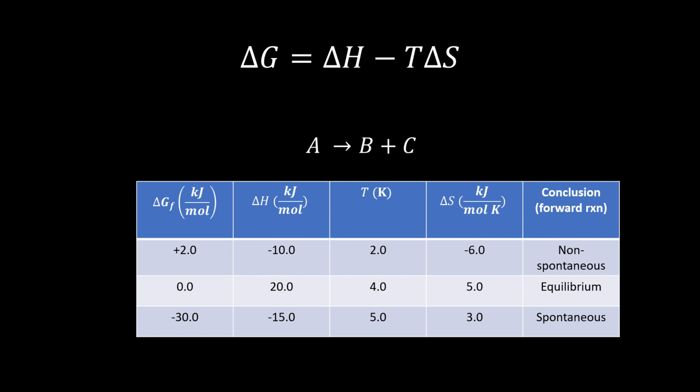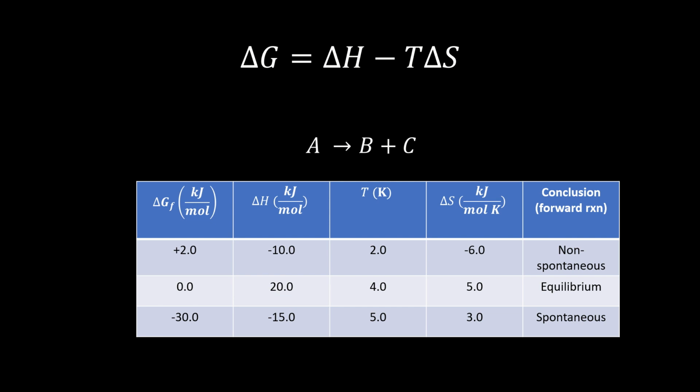Well, at that particular temperature and those particular values of enthalpy and entropy, in the first row, we got a positive value. That means that in the forward direction, that reaction is non-spontaneous. It cannot occur on its own, and it needs 2 kilojoules per mole of energy added to it in order to go in the forward direction.